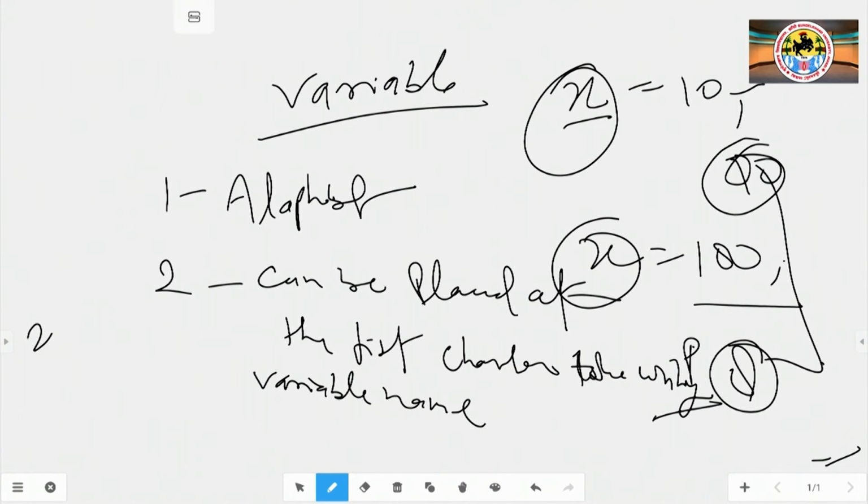So the first character should be an alphabet, or an underscore.